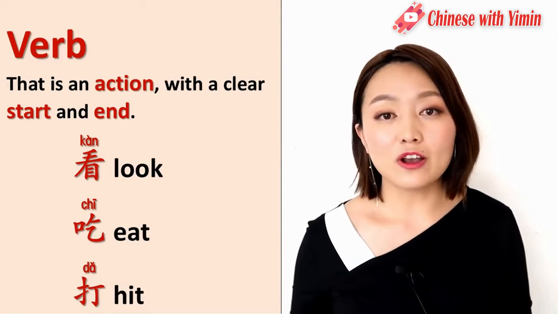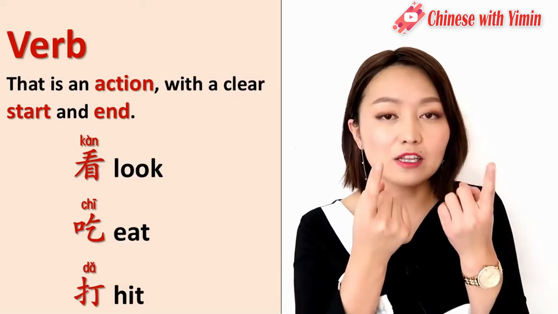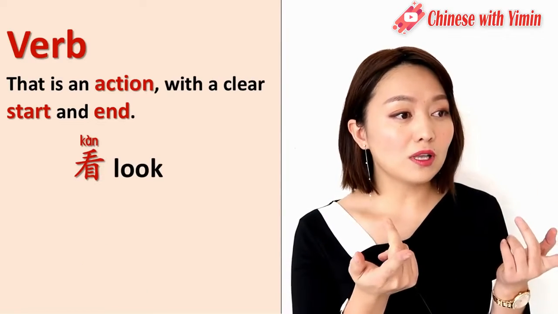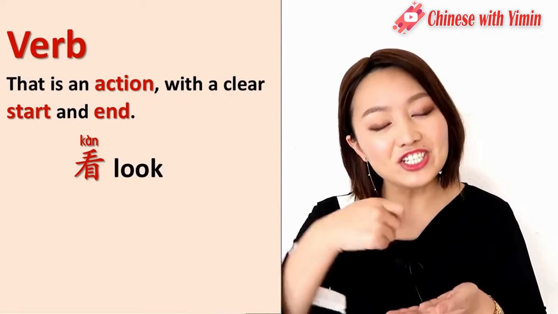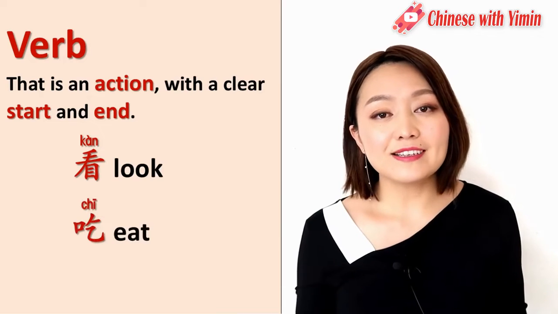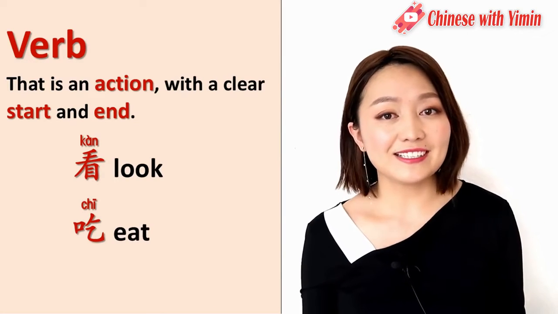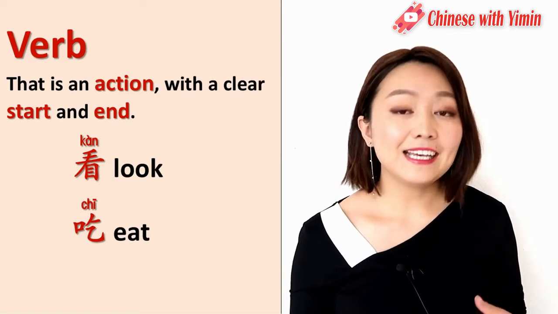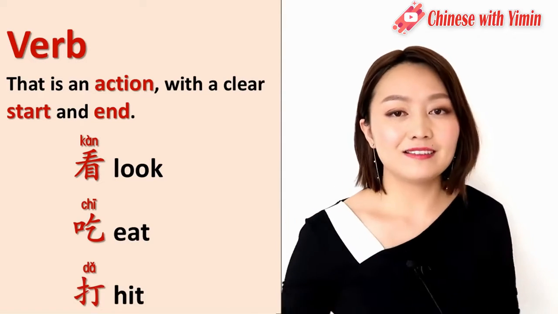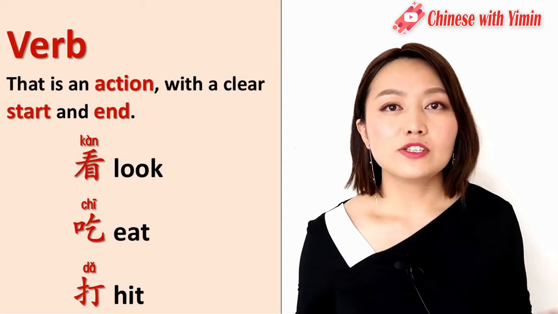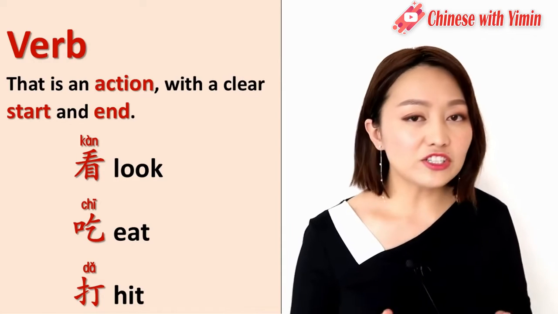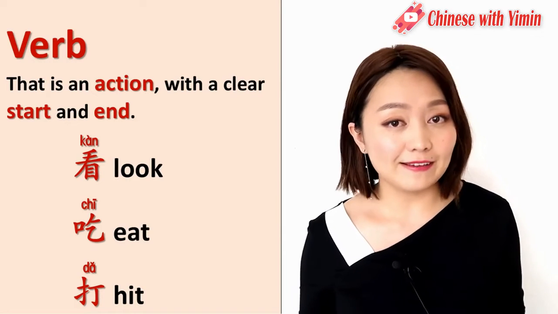This kind of verb is talking about an action. 看, look: you start looking, you stop looking. And 吃: you start eating, and then you drop the chopsticks and you finish eating. And 打, hit: you hit and you stop hitting. So this kind of verb has a clear start and a clear end.